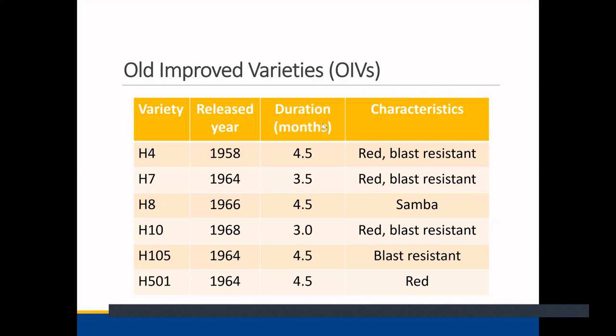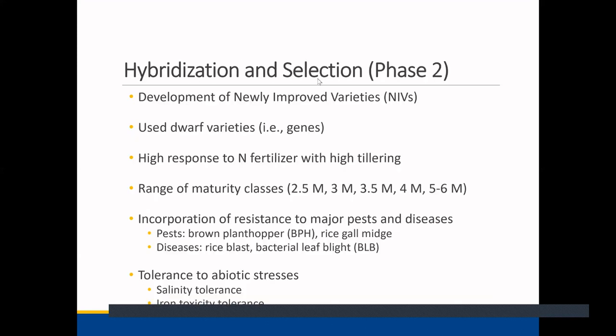And then phase two. In phase two of hybridization and selection, the genetic procedure involved in this process was the same as phase one, but the varieties used for that process were different. That's the only difference, because the techniques involved, especially in the breeding, were the same: just hybridization and selection.